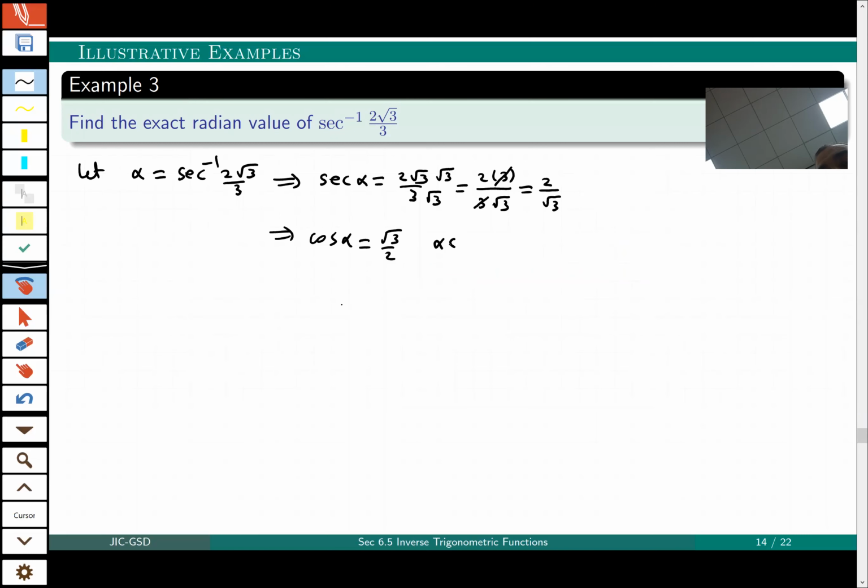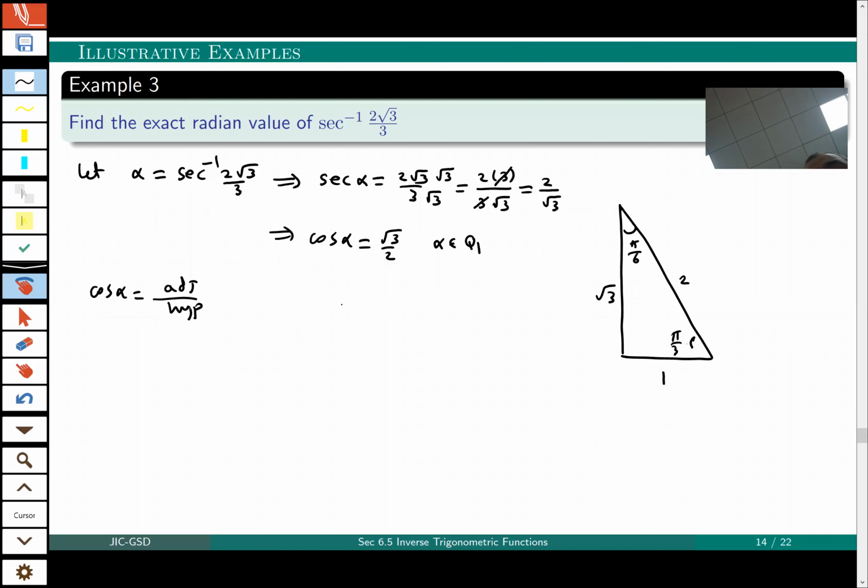Of course, alpha must be in quadrant number 1 if it is positive. So we go to the triangle now, and it's clear we will get it from this triangle: pi over 6, pi over 3, with sides 2, 1, square root of 3. And remember, cosine means adjacent by hypotenuse.